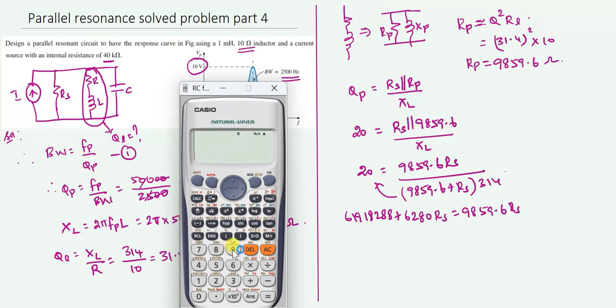If I simplify this, 9859.6 minus 6280, I get this value. Then 619,182.88 divided by this answer gives RS, which is equal to 17297.